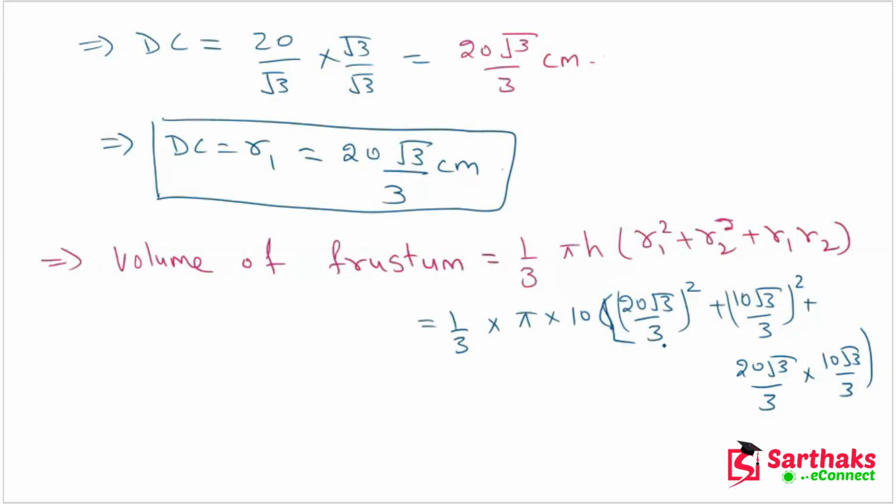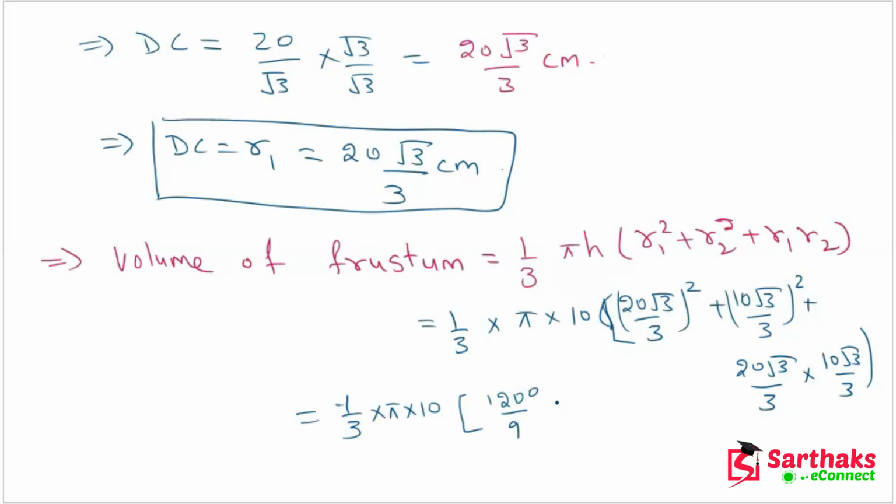I hope you understand these things. So now 1 upon 3 into pi into 10 into 20 root 3 squared is 400 into 3, which gives 1200 upon 9.